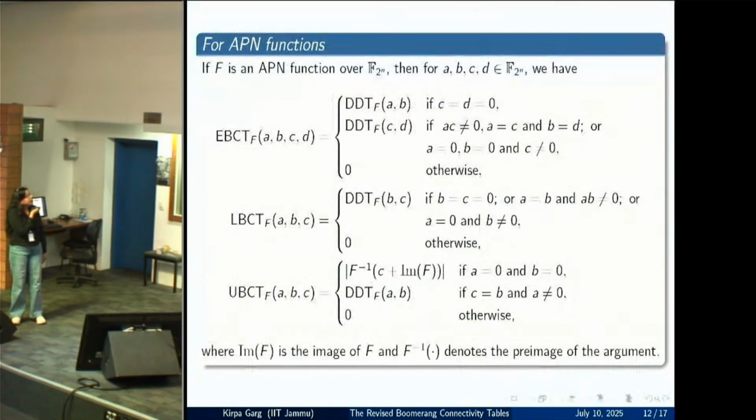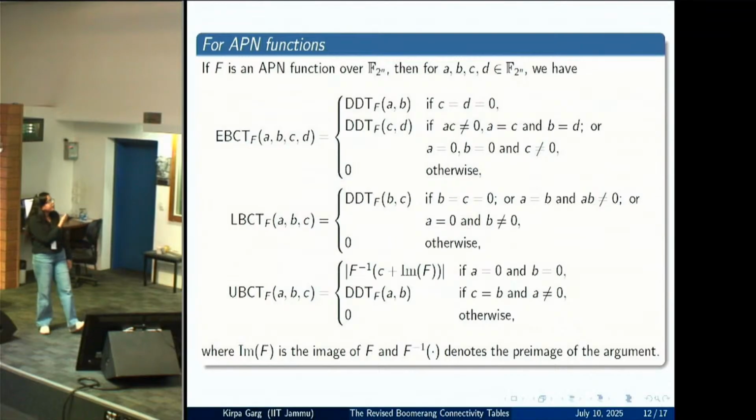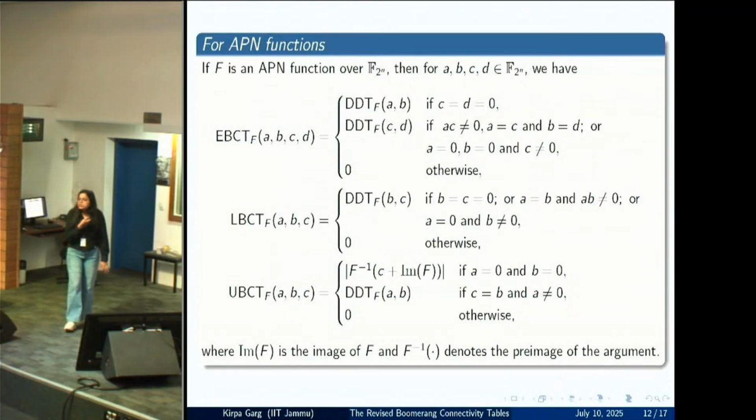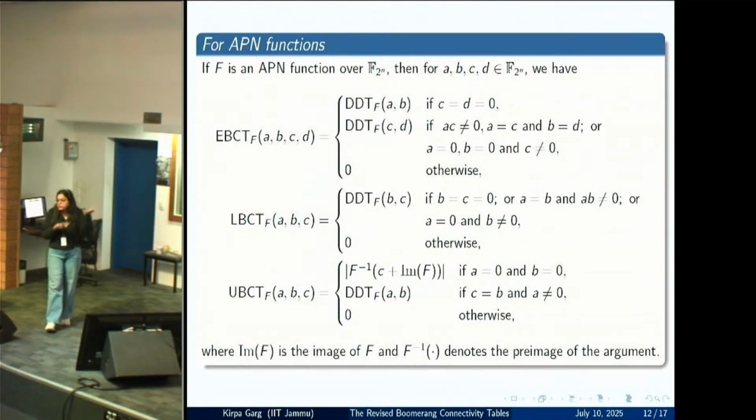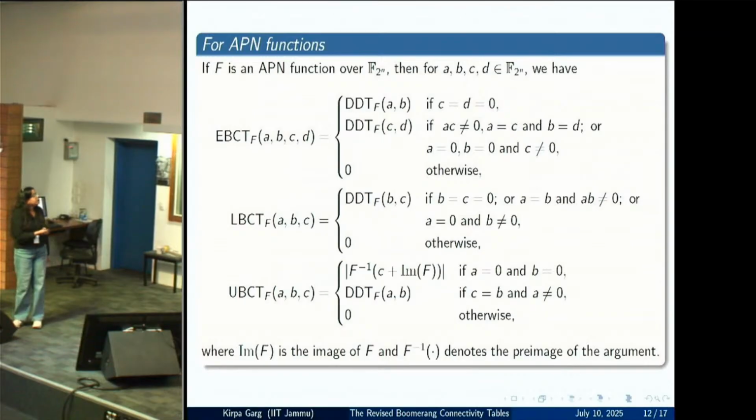But first of all, to apply it, we start with the APN functions. If you have any APN function over F2n, then you can easily get these EBCT, LBCT, and UBCT entries in terms of their DDT entries. The best possible value, because DDT can be 2, is that EBCT, UBCT, and LBCT can also attain the best value of 2.